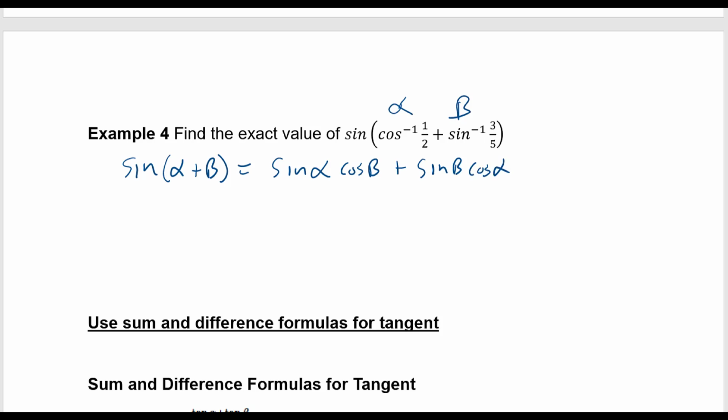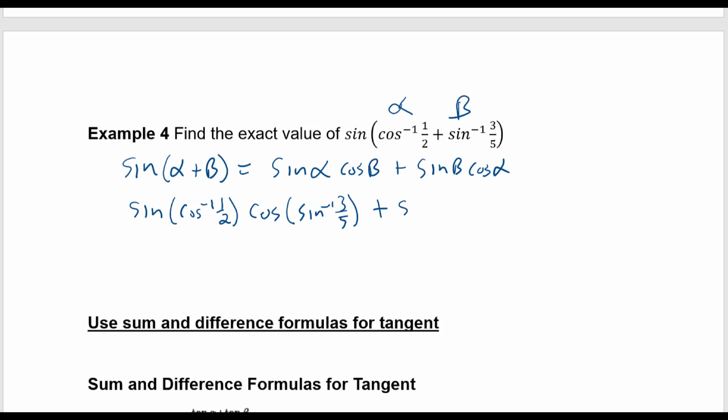So what we have is sine of cosine inverse of 1/2, and we can get an angle out of that, times cosine of sine inverse of 3/5. We don't know the quadrant, so we'll just assume first quadrant.